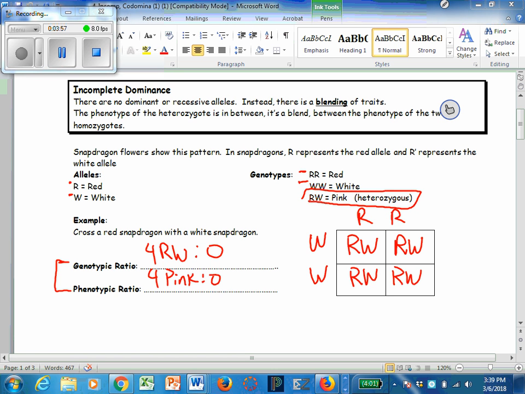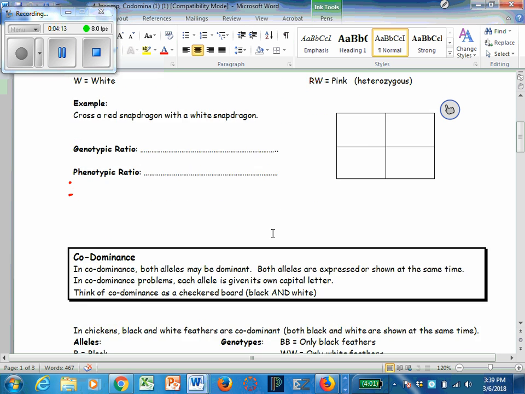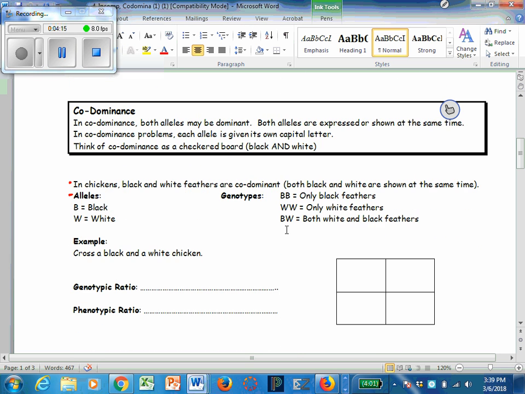So I'm going to erase this and then go down to the next section, which is about codominance. The computer froze just a little bit. There we go. So codominance now. Codominance is when both alleles may be present in the heterozygous version.